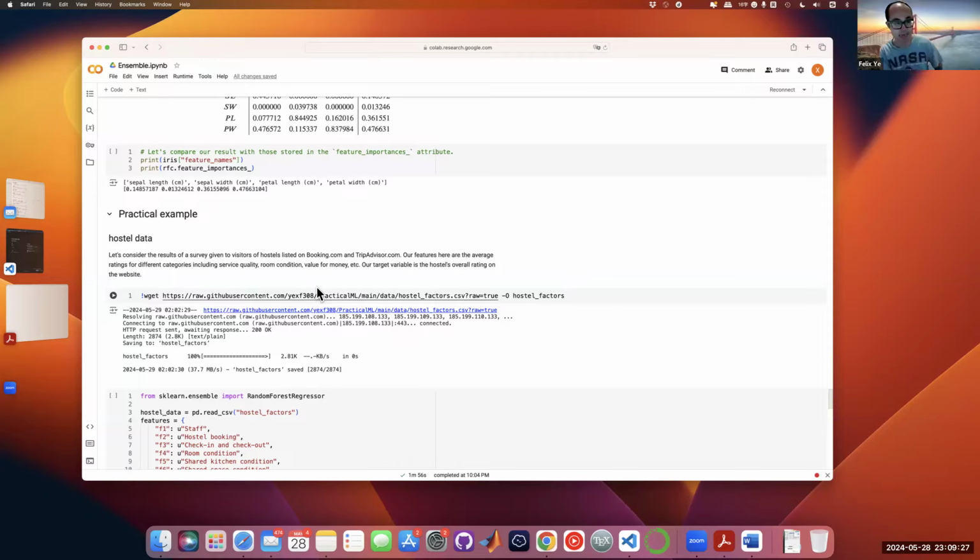Using this sub data set, run a simple random forest and calculate all these feature importances, then you will see which features are more important and which features are less important.